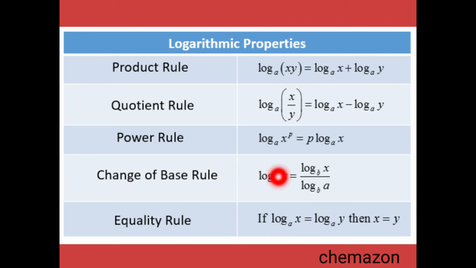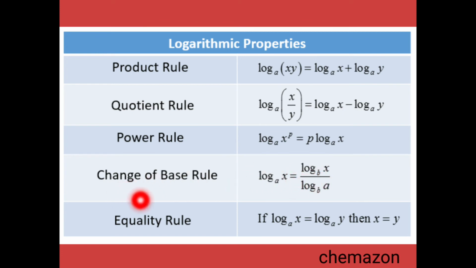This is a new one. Let's see, log of x to the base a. How do we represent this? We can represent this as log of x to the base b divided by log of a to the base b. So what we did here is we changed the bases. This is called a change of base rule.